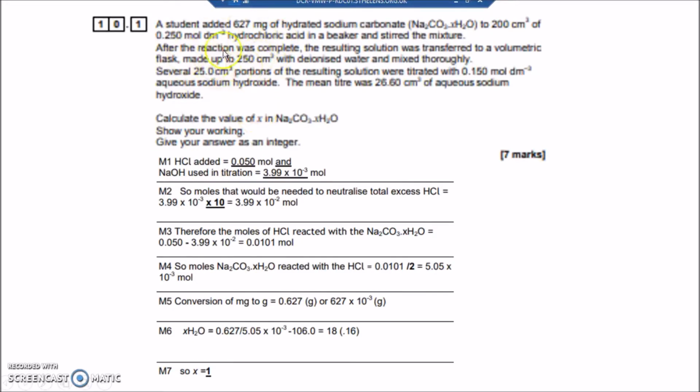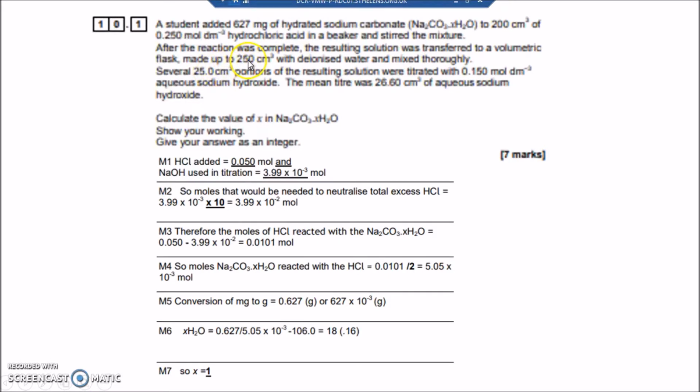However, if we're talking about the whole sample, we've taken 25 centimeters cubed portions of the sample, and the whole solution was 250 centimeter cubed. So we have taken a tenth of it. 250 divided by 25 is 10.